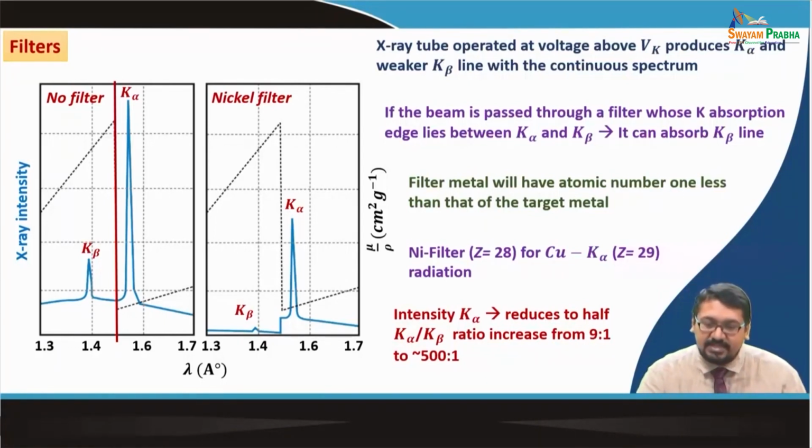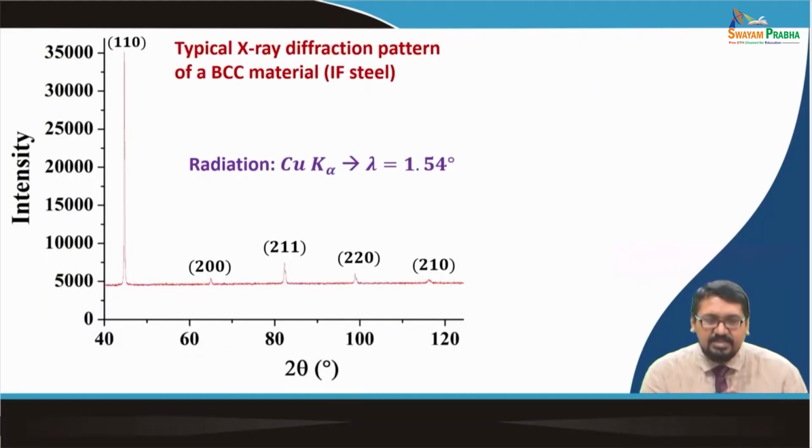And you see that nickel, which is used as a filter, has an atomic number of 28, one lower than copper, which has an atomic number of 29. So, using this technique one can obtain characteristic copper alpha radiation, and this copper alpha radiation of characteristic lambda equal to 1.54 can be used to obtain diffraction patterns from various metals and alloys.